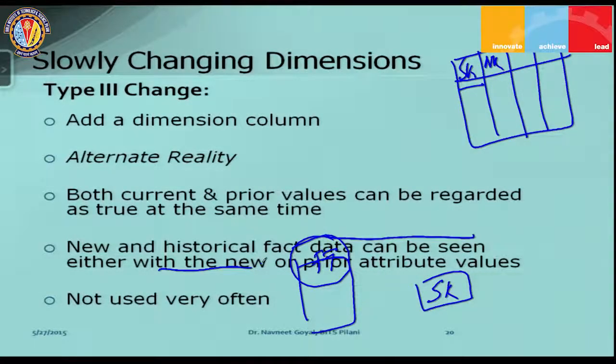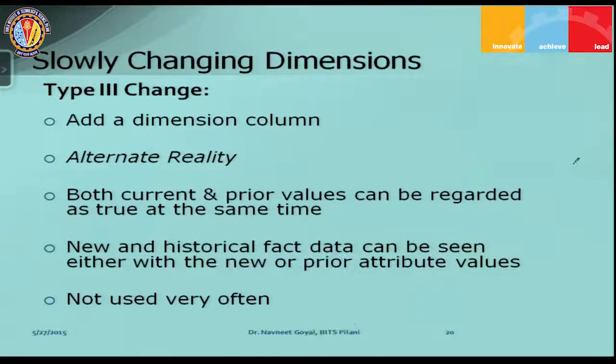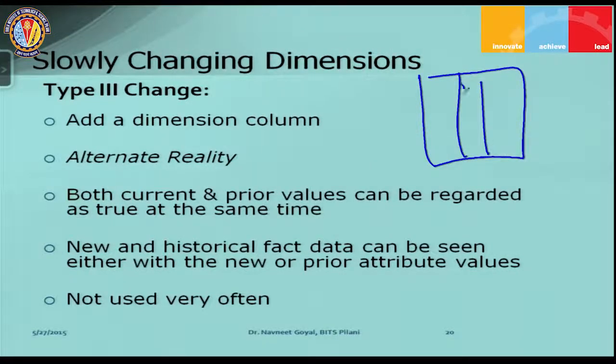And then we have what are called slowly changing dimensions, type 3 change. So we add a dimension column. Basically what happens here is that suppose you have a value as a department, and it changes from education to strategy.